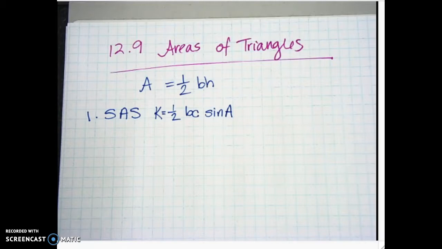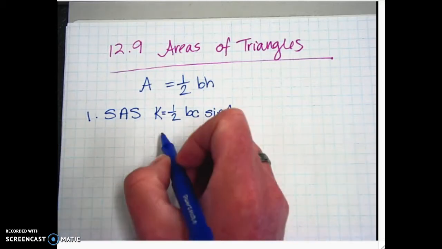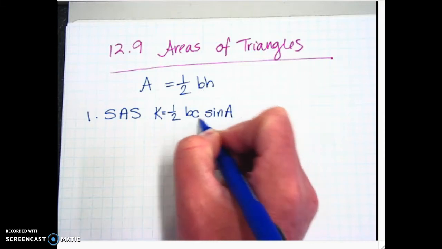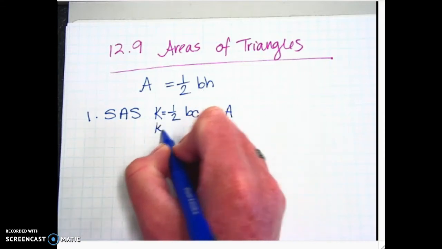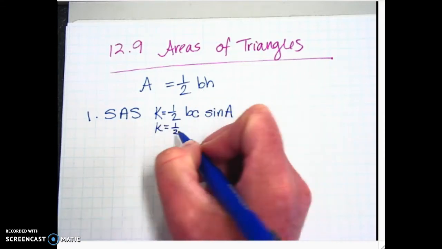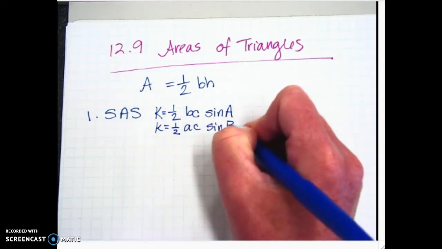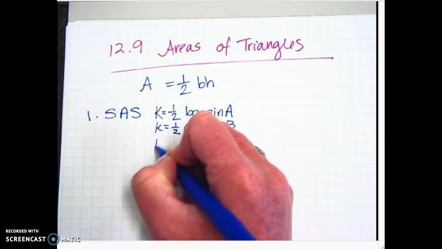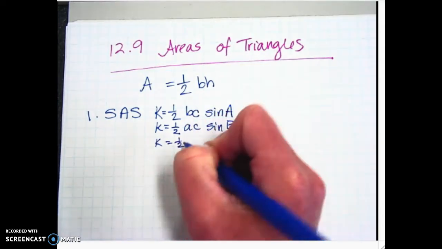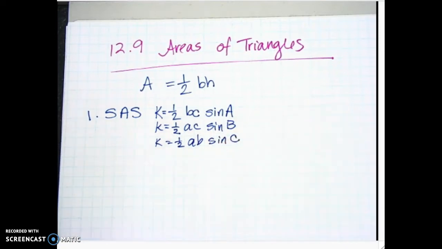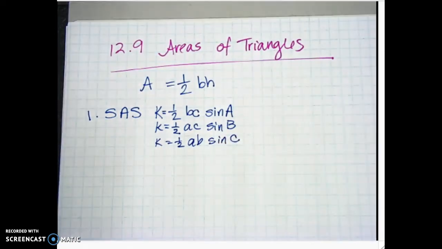This formula can be switched around depending on how the vertices of your triangle are labeled. So it's either 1/2 BC times the sine of A, or 1/2 AC times the sine of B, or 1/2 AB times the sine of C. These are really all three the same.